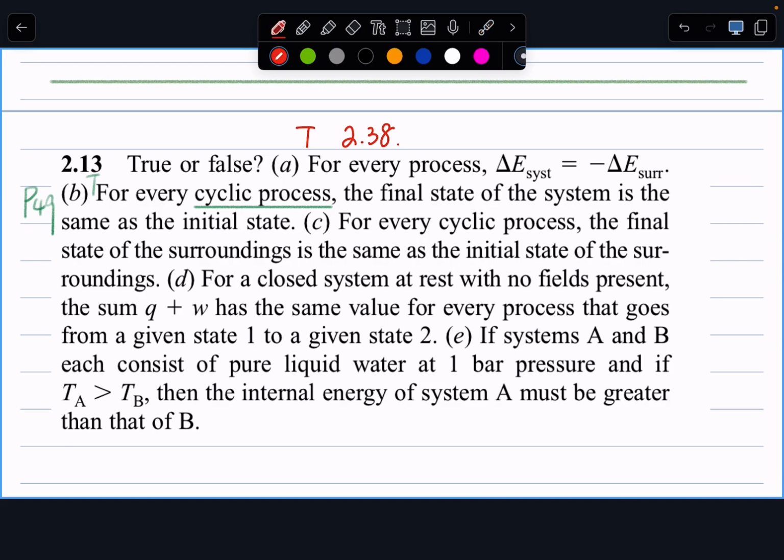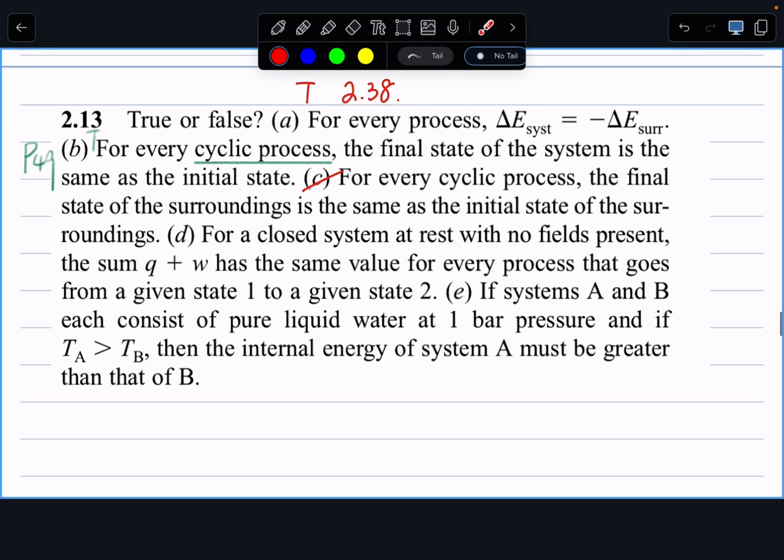C, we'll have to cross it for now because it is a little bit unfair. What the textbook wants you to know is that if we're only focusing on the system, the same statement which is true for the system may not be true for the surroundings. And we will talk more about why that is the case when we talk about the second law of thermodynamics. So I'll cross that one first for now.